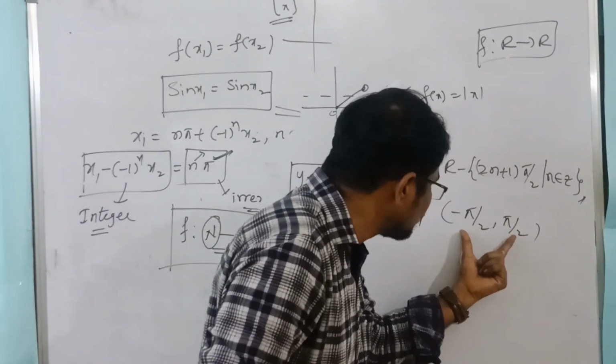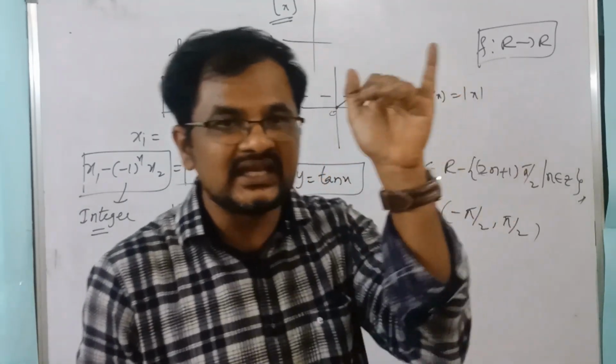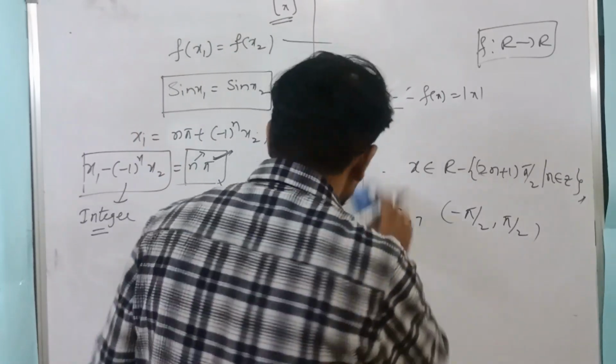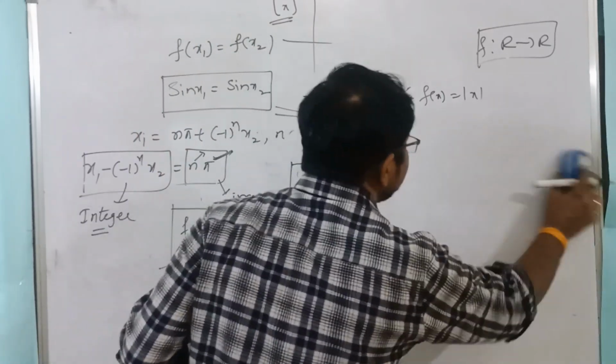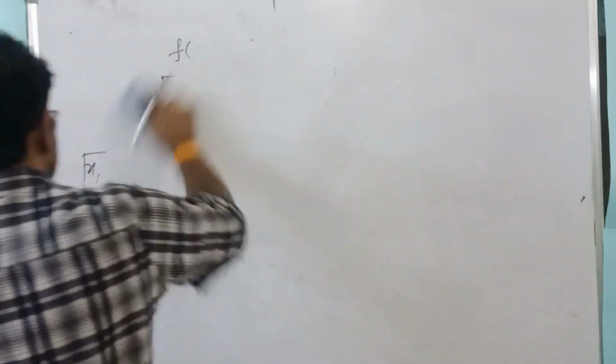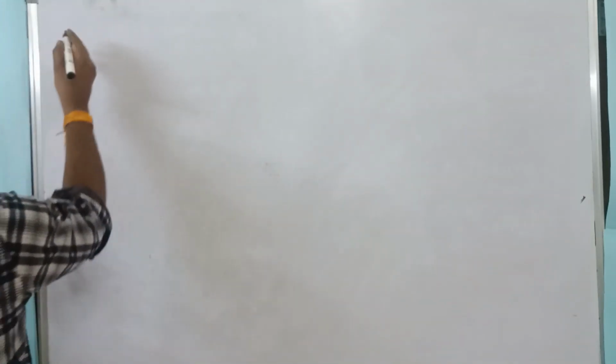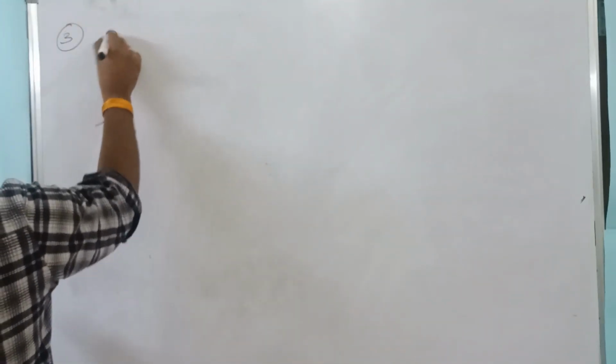This is the bijective domain, minus pi by 2 to plus pi by 2. Same thing we discussed in inverse trigonometric functions also. Next one, the third method, is the differentiation method.